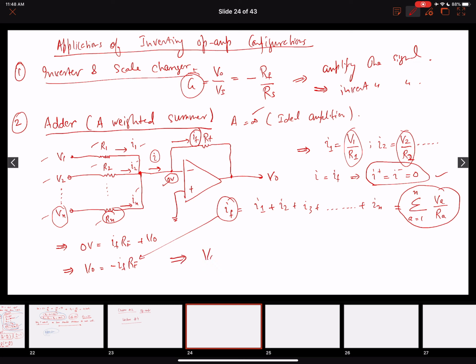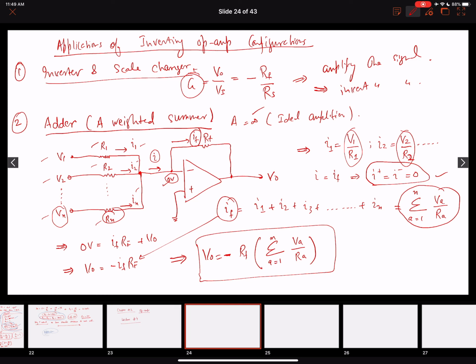So my value of V naught becomes minus RF into summation A equals 1 to N VA over RA. So this is the value of the output voltage. And now as I can see from here, this should be equals to minus RF.